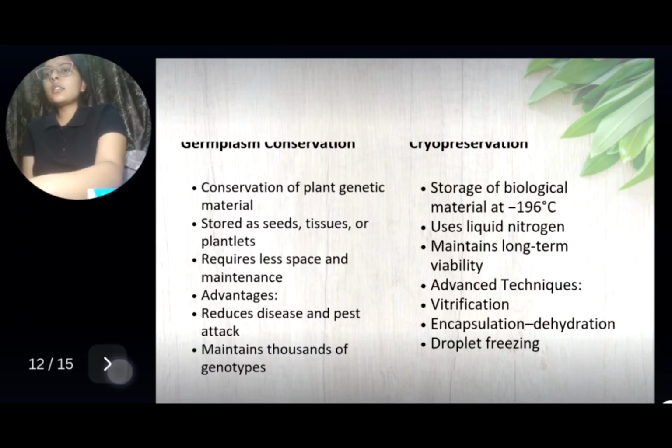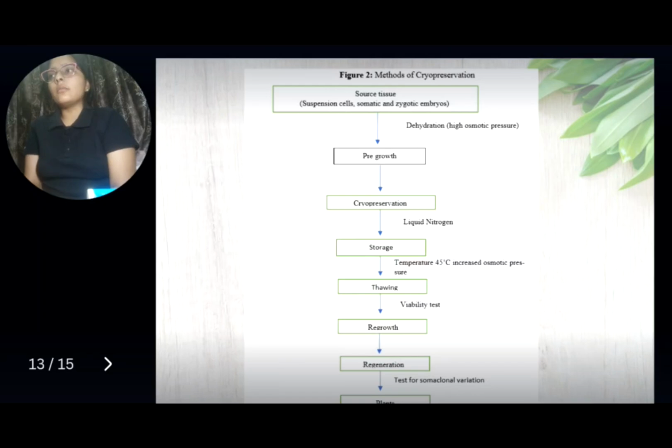So next we will go for this diagram. How beautifully it explains that the source tissue, which is a suspension cell, somatic cell or a zygotic embryo, goes through dehydration with high osmotic pressure. Then pre-growth, and then cryopreservation in the presence of liquid nitrogen.